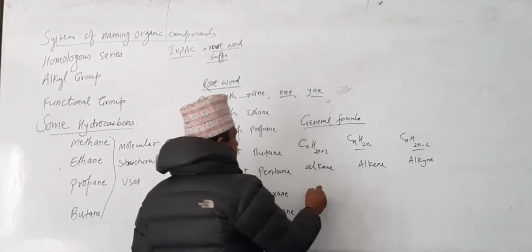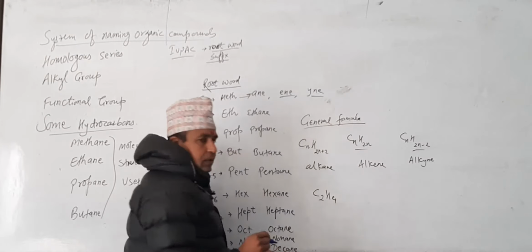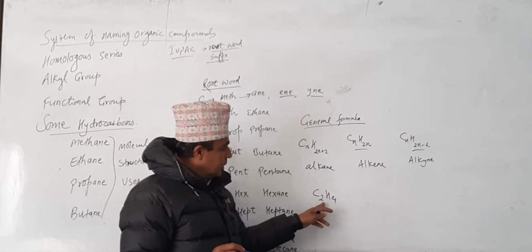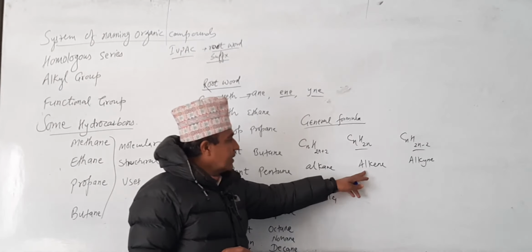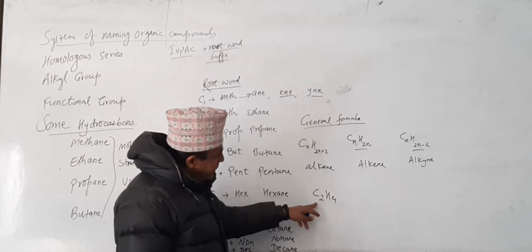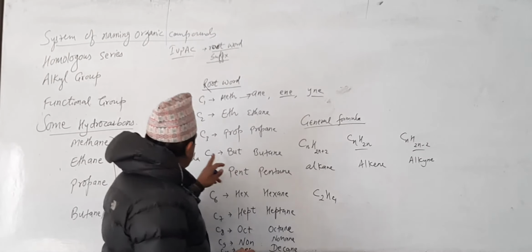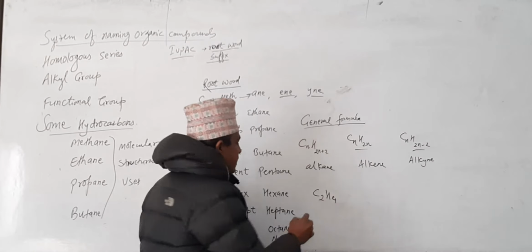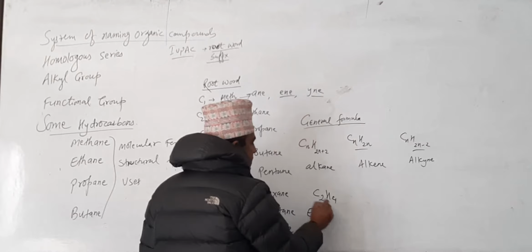Remember, if I write here C2H4, when you compare, 2 twos are 4. Double means it is alkene. So how many carbons are here? 2 carbons. Then it is eth and ethene. Eth is the root word and ene is the suffix.